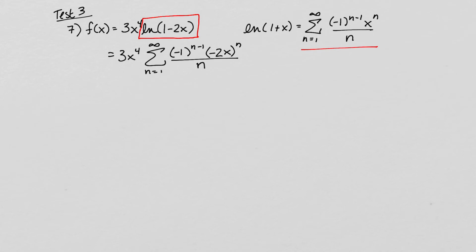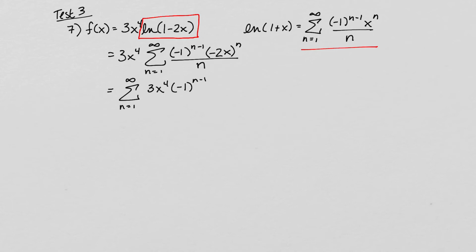So some people got to this step okay, and then you did a bunch of crazy stuff to get it all together. So the first thing I'm going to do is pull the 3x to the fourth inside. So we're going to have the summation n equals 1 to infinity, 3x to the fourth, negative 1 to the n minus 1. I'm going to break apart the negative 2x.